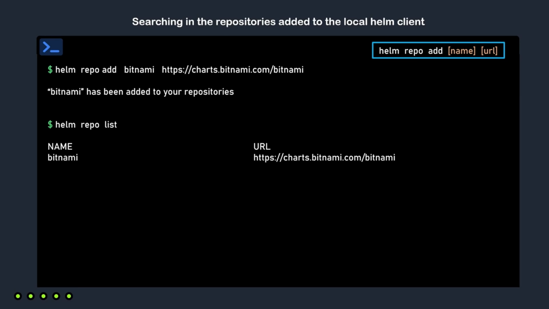So whenever we want to add a chart repository to our local Helm client, we use the helm repo add command followed by the name and the URL of the repository. And to view all the repositories added to our local Helm client, we execute the helm repo list command.